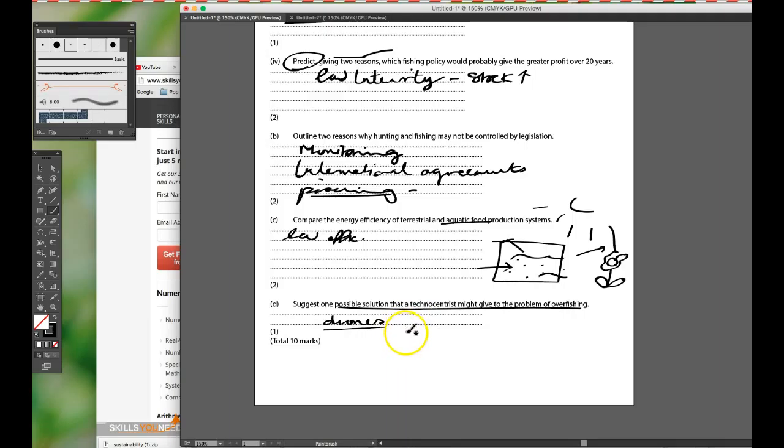It might be the case that there's tracking devices on boats that track back to satellites that allow them to see what's going on in the boats. It might be the use of genetics to monitor fish populations and to help us to learn more about fish populations so that we can calculate those sustainable yields.